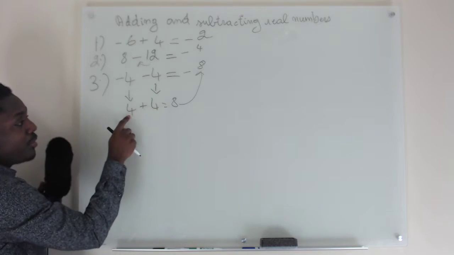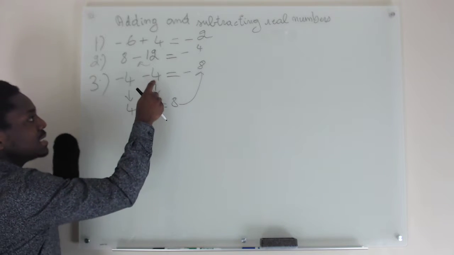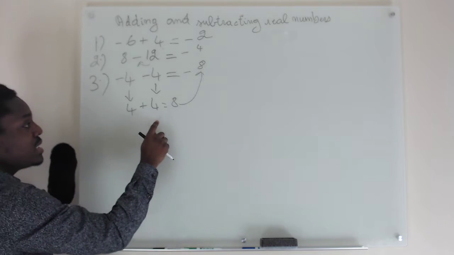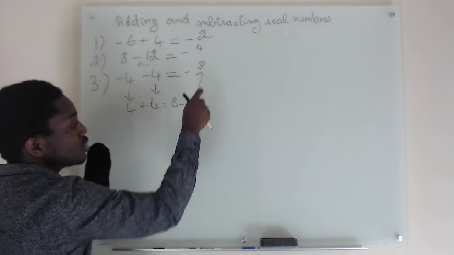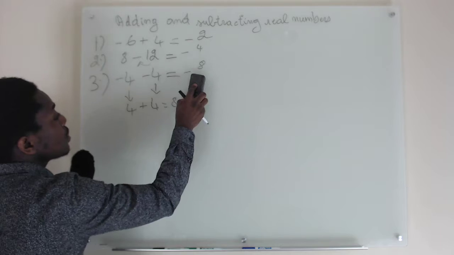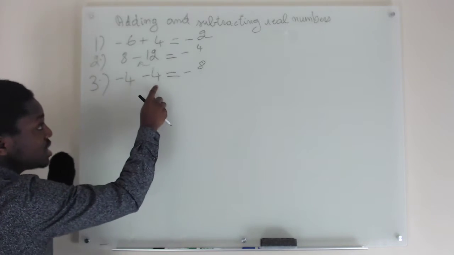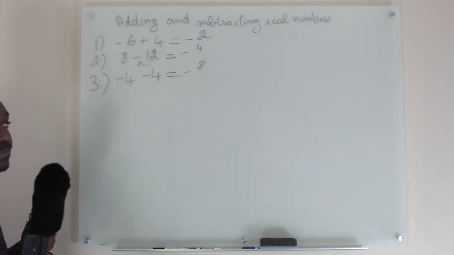You take the number 4, put it right here, and add it to the second number, which is also 4. Now 4 plus 4 is 8. So you take the number 8 and drag it over here. The final answer of -4 minus 4 is -8.